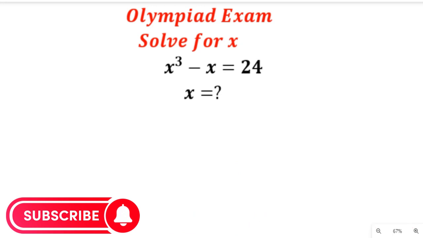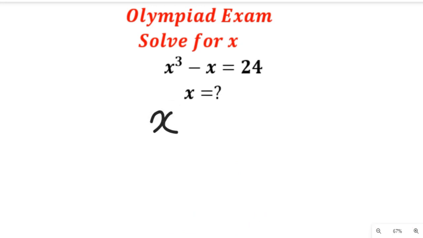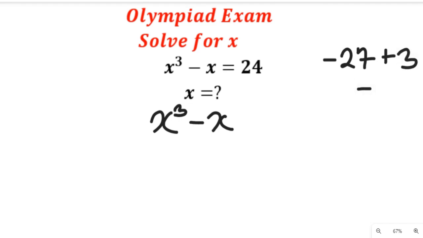Now, if we are given this, we will see that x to the power of 3 minus x. I want you to note that if we have a minus 27 plus 3 plus 3, that will be equal to a negative 24. Right? So we'll bring 24 to the other side.